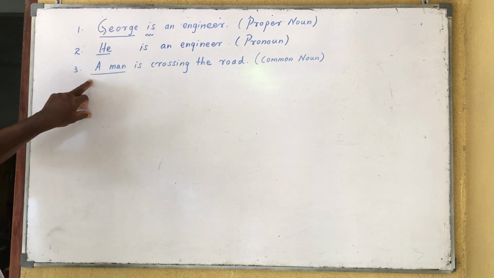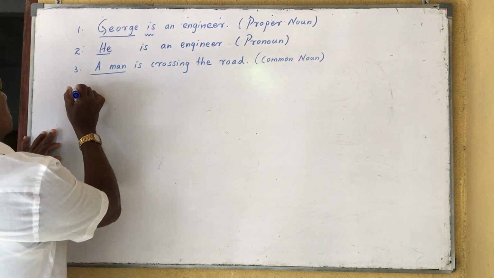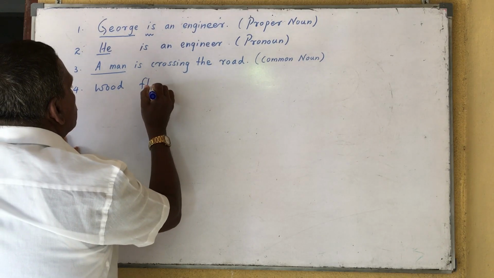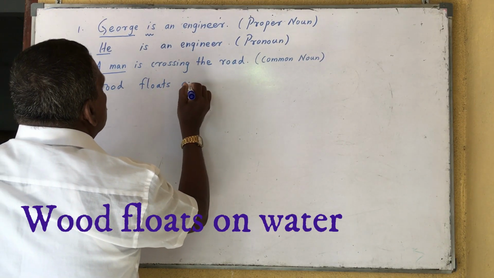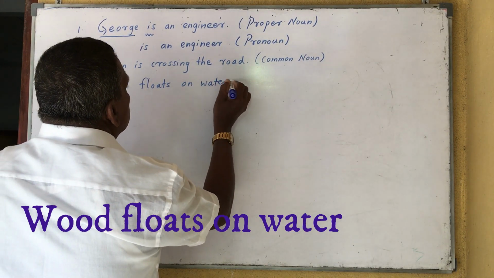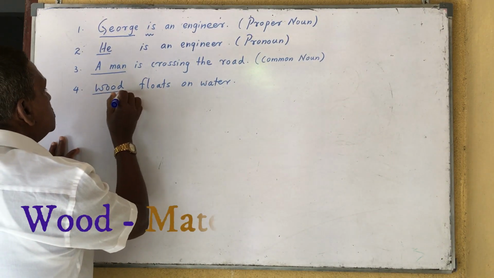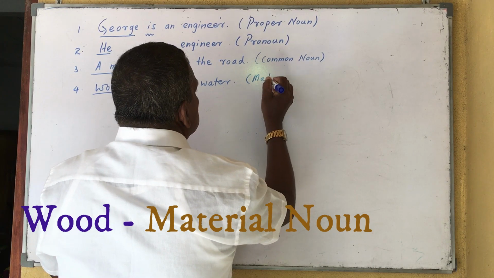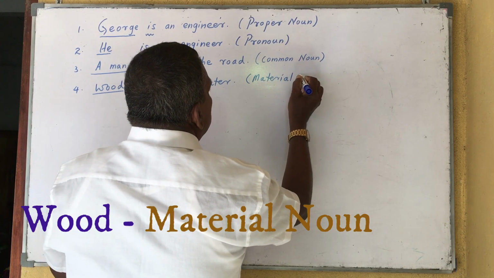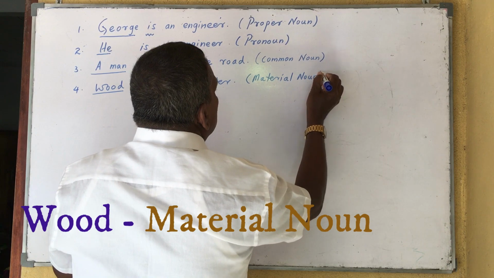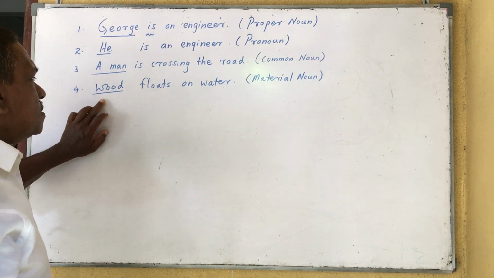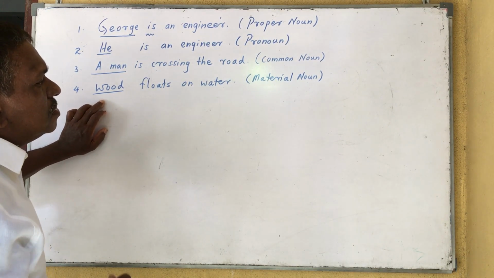We can give one common word, a man. See this one. Wood floats on water. Here wood is a noun, but it is a material noun. Material noun means a name given to a metal. For example, iron like this. So it can also be a noun.